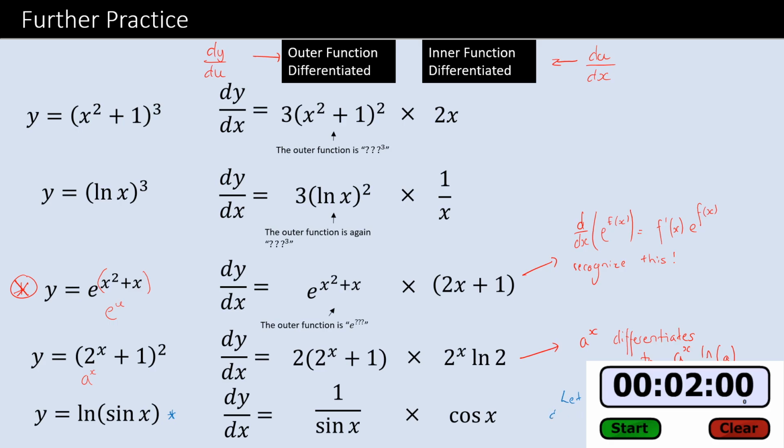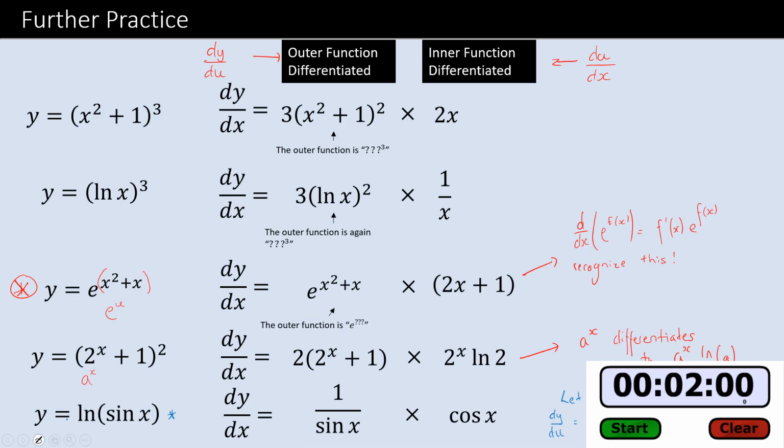So dy by du is 1 over u. Sorry, I said 1 over x, that should be 1 over u.